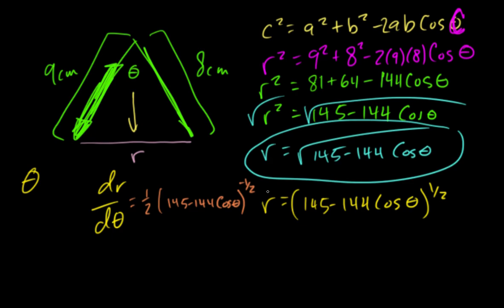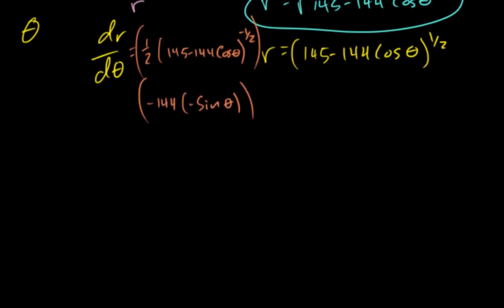And then we multiply by the derivative of the inside, and I ran out of room. So this thing is going to be multiplied by negative 144 times negative sine theta. Now let me write that out.